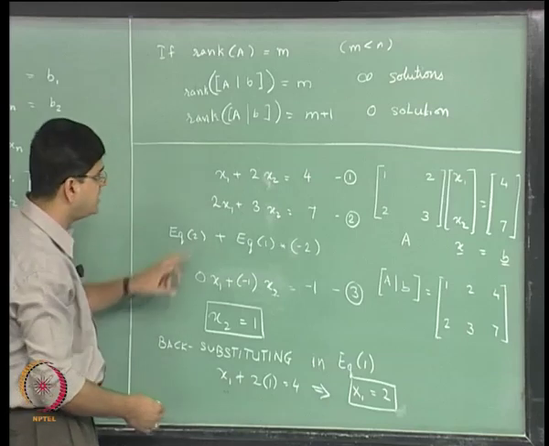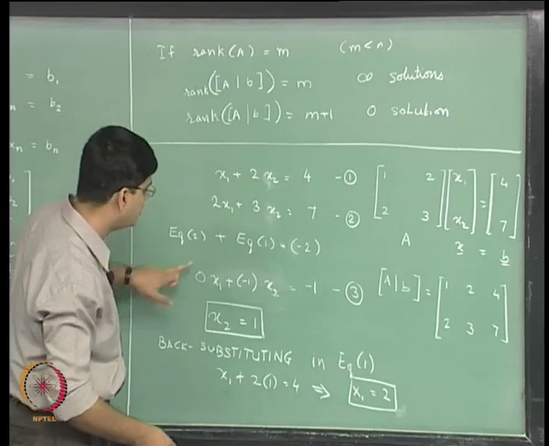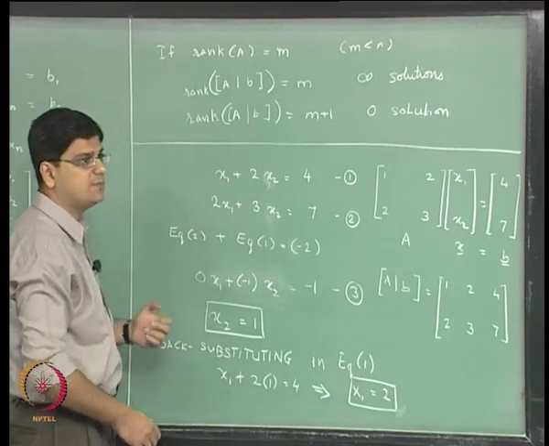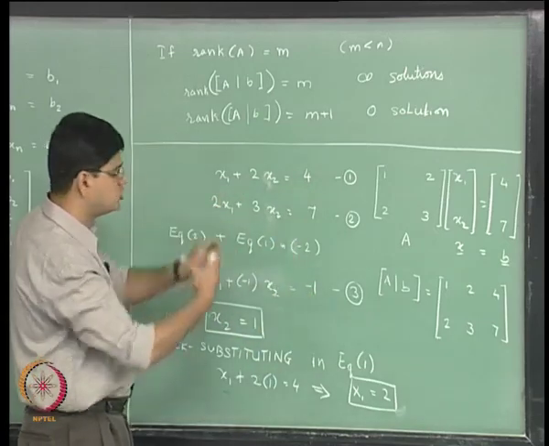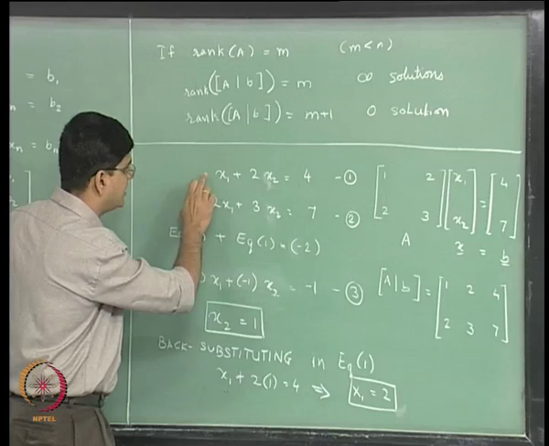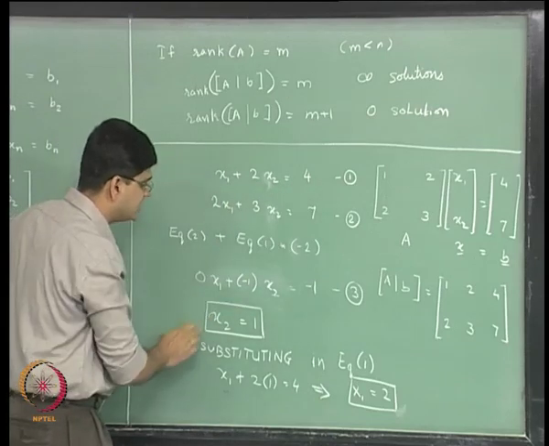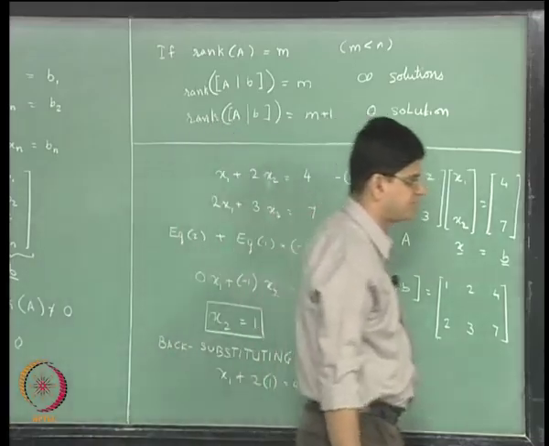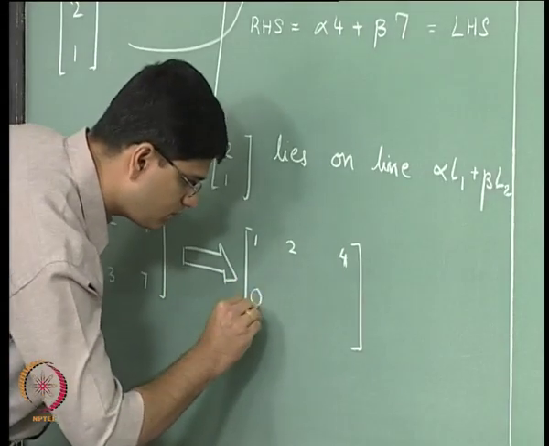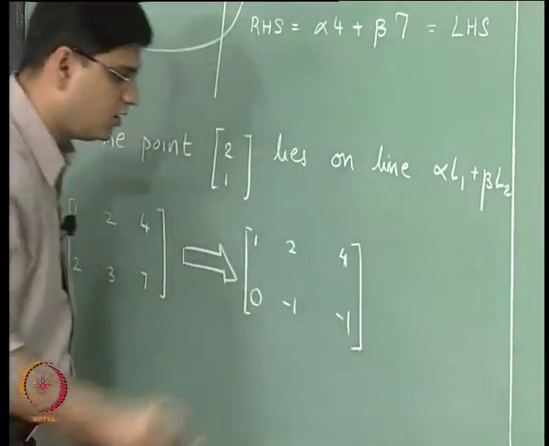Our matrix A is going to consist of 1 2 0 minus 1, our matrix B will consist of 4 minus 1, and when we put those two matrices together, the first row will contain 1 2 4, the second row will contain 0 minus 1 minus 1. Okay.